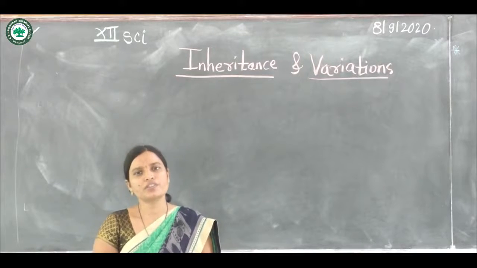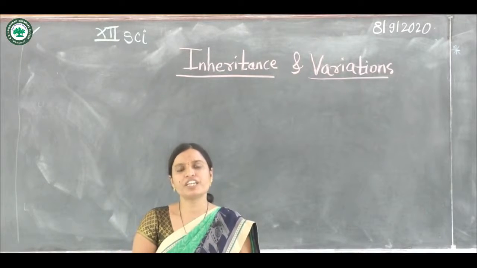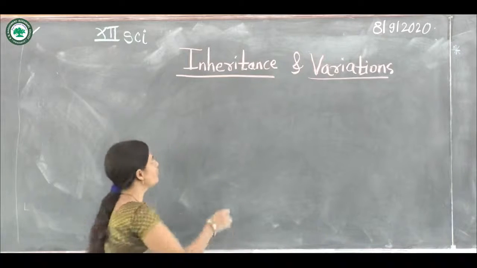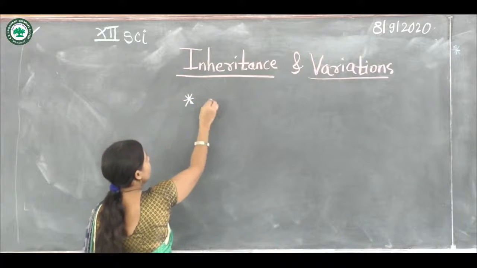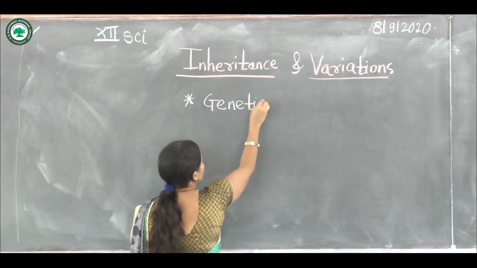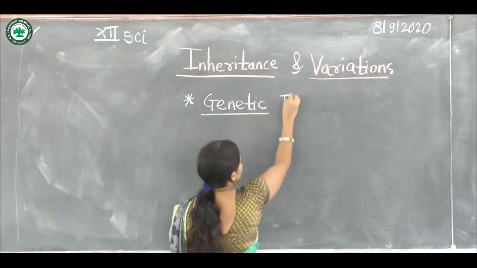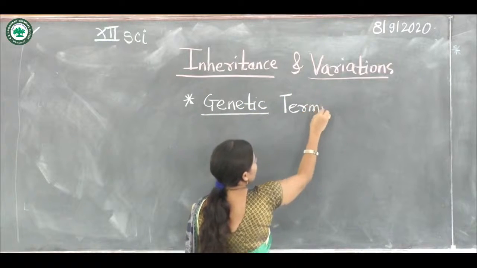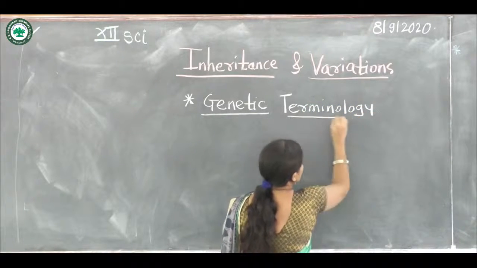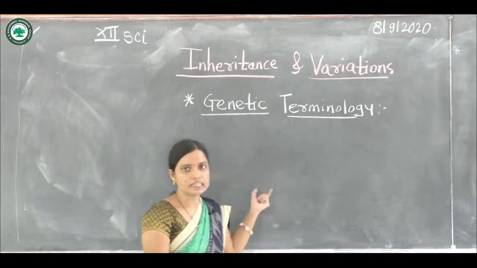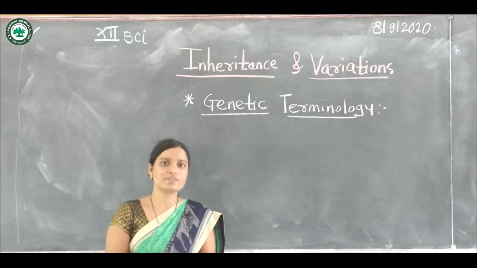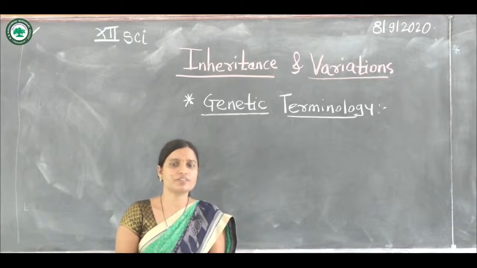Now today we shall learn the genetic terminology in inheritance and variation. The genetic terms are related to genetics, and there are several terms and their definitions we are discussing in this lecture.